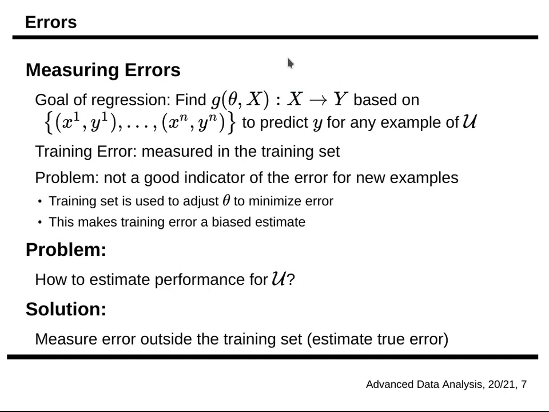But the goal ultimately is to be able to predict any example y from the universe of possible examples. We don't want to predict only examples in our training set, we want to predict new examples from anywhere they may appear. The training error is the error measured in the training set, but it is not a good indicator of the error for new examples.